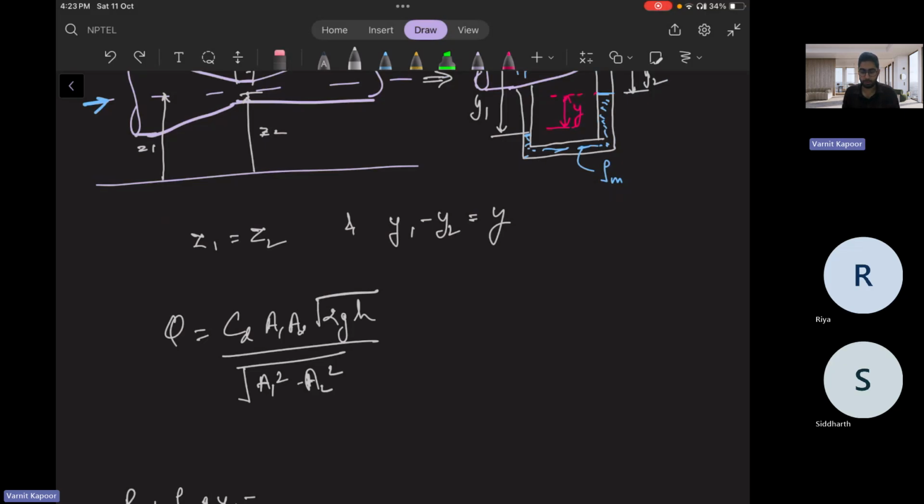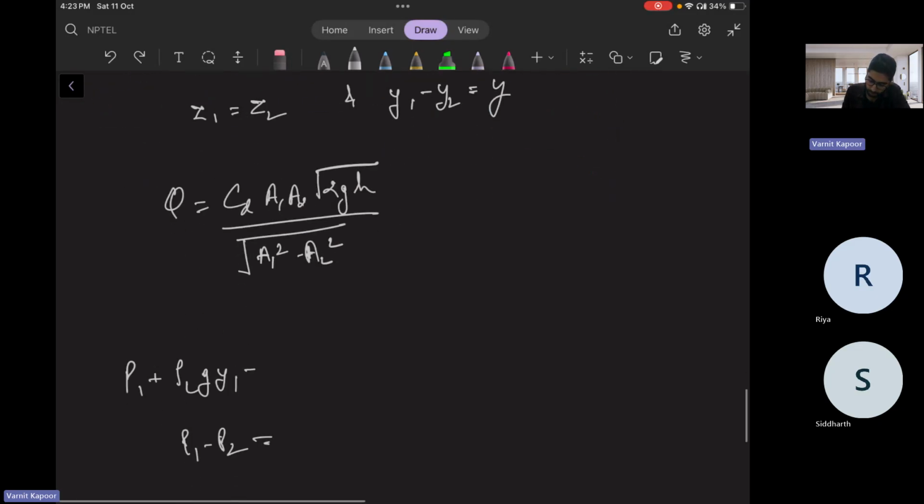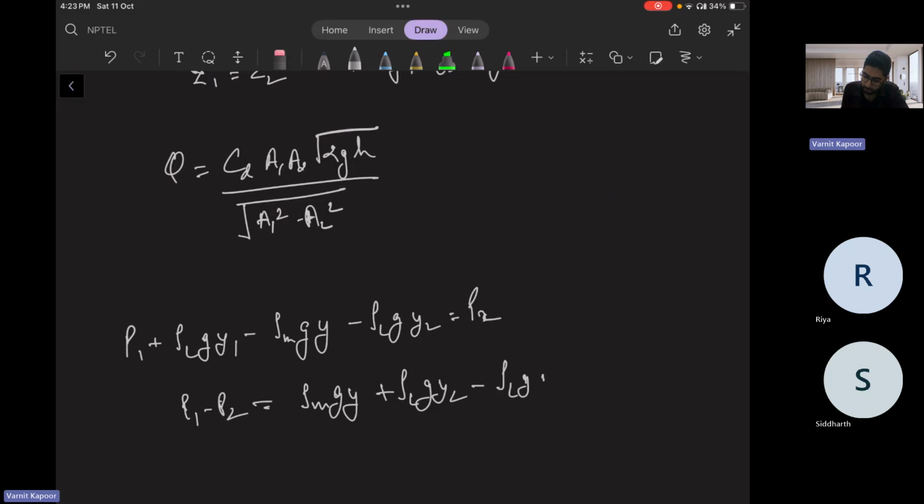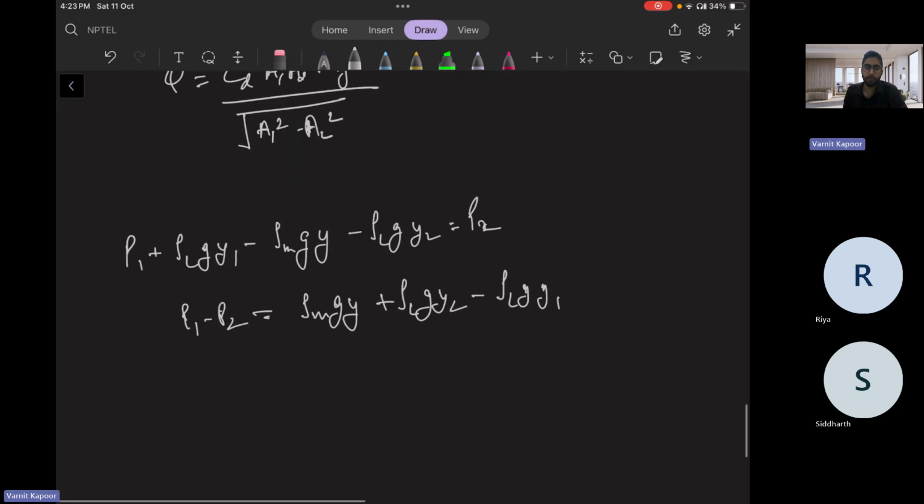Or any doubts? Rho M g y minus rho L g y2 is equal to P2. So P1 minus P2 will be, transposing all the properties, rho M g y plus rho L g y2 minus rho L g y1. L is for the liquid which is flowing through the Venturi meter, the density of that liquid.